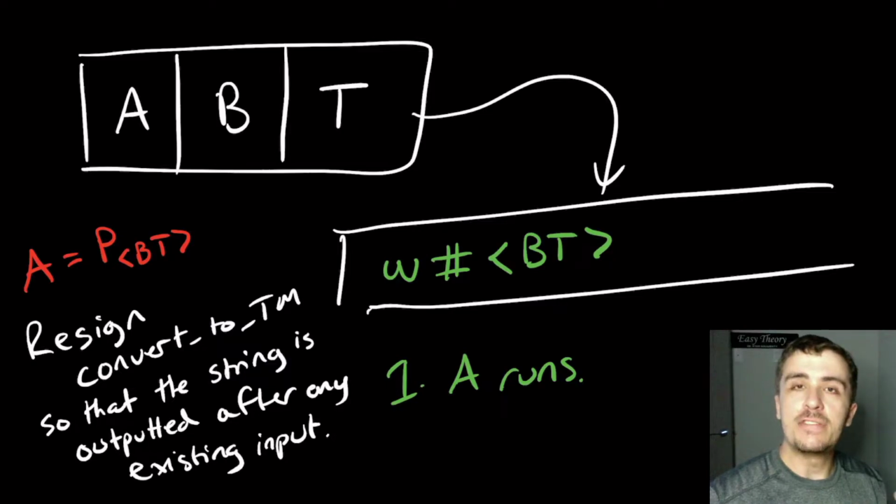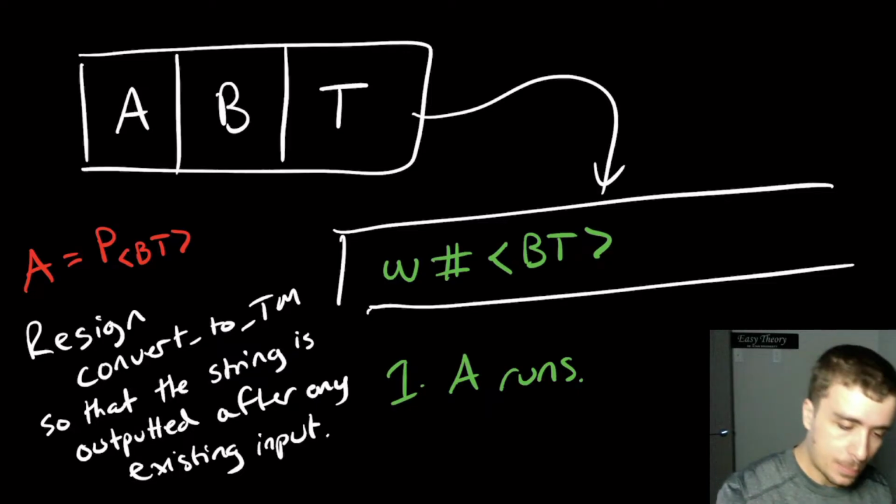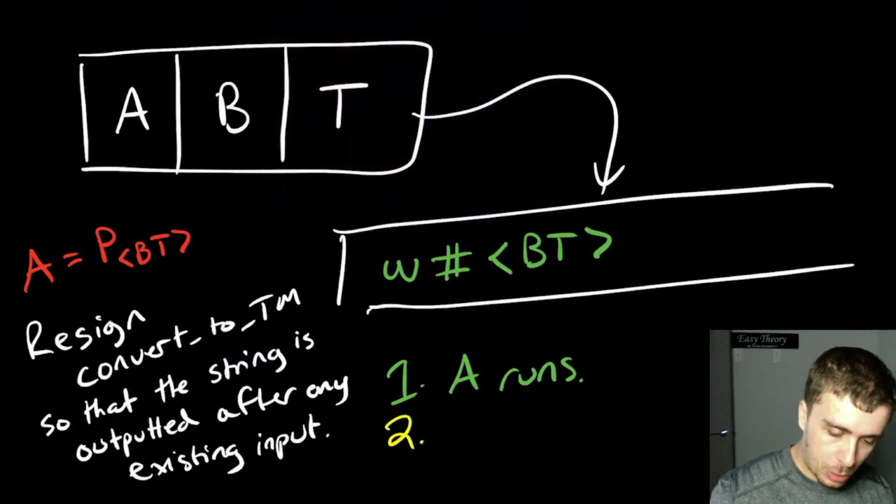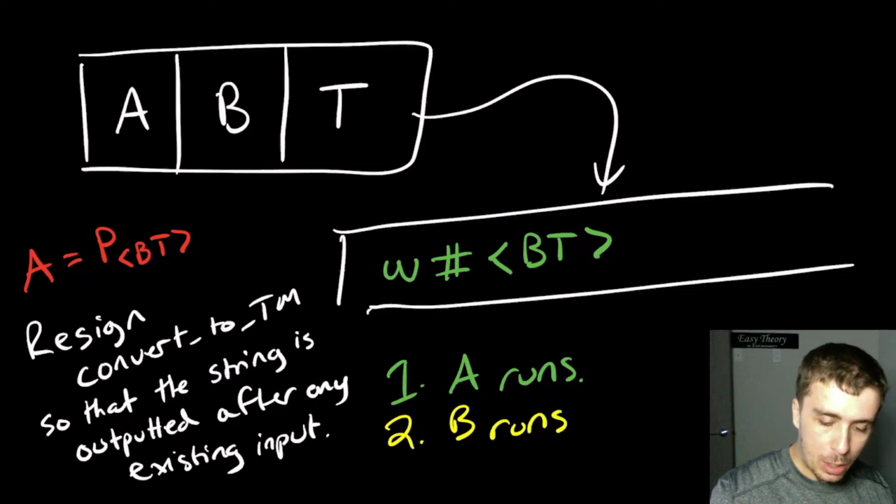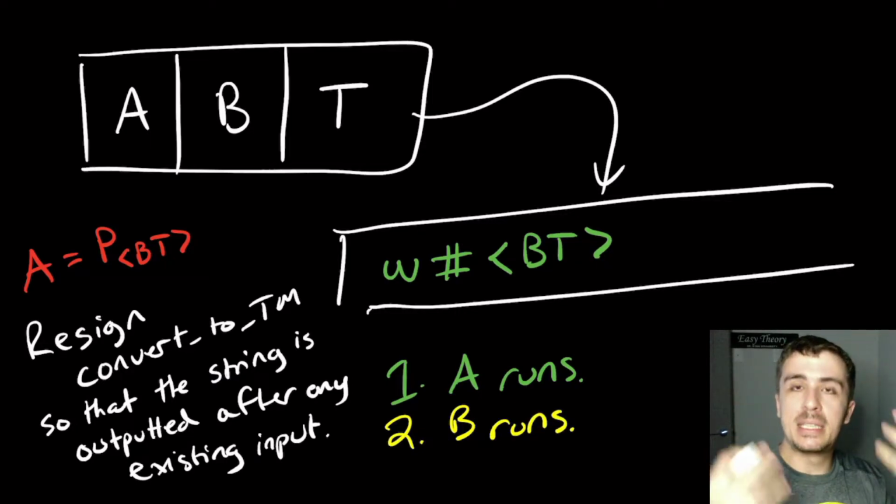So then now let's think about when B runs. And B is going to run identical to the way it did before. So B runs right here, which means that it applies the convert to Turing machine function here.